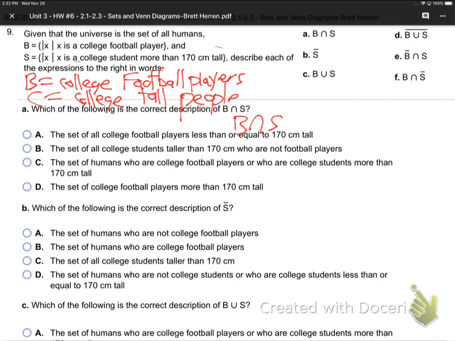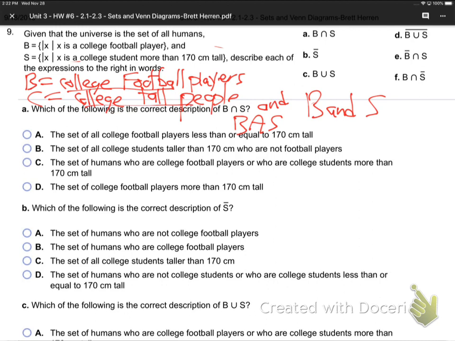Remember I gave you the idea of applying for a scholarship. The overlap is like the word and. So which is true for B overlap S? That means you're in B and you're in S, which means you're a college football player and you're tall.